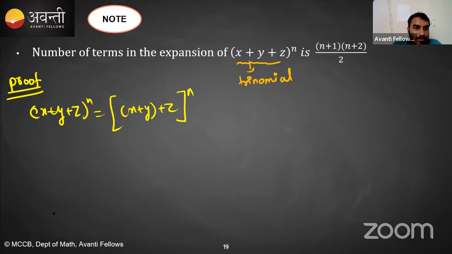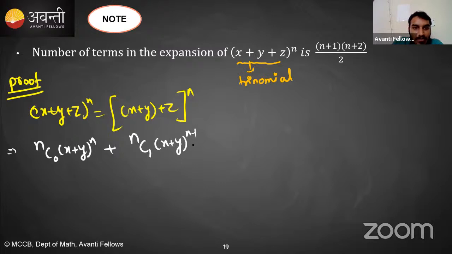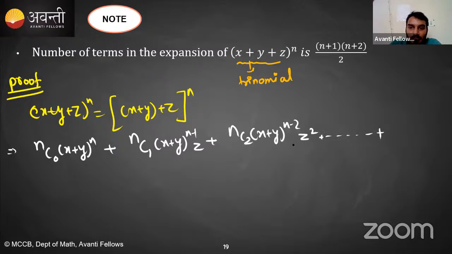So I can write it as nC0 (x plus y) raised to the power n plus nC1 (x plus y) raised to the power n minus 1 into z plus nC2 (x plus y) raised to the power n minus 2 z square up to nCn z raised to the power n.